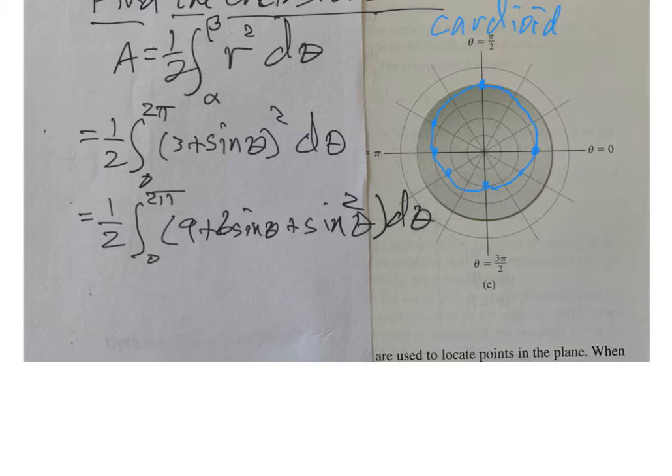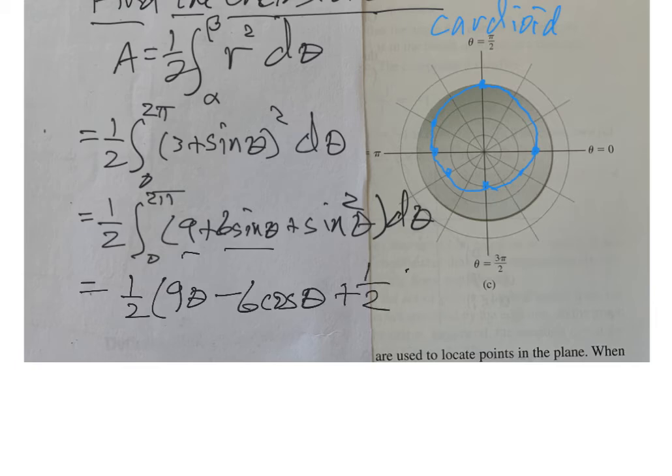And so we get two easy antiderivatives, and then we run into that one that we're memorizing. So thank goodness we haven't memorized it. So we get 1/2 times: the antiderivative of 9 is 9 theta, of 6 sine theta is minus 6 cosine theta, and then the antiderivative of sine squared, we know, is 1/2 theta minus 1/2 sine 2 theta.